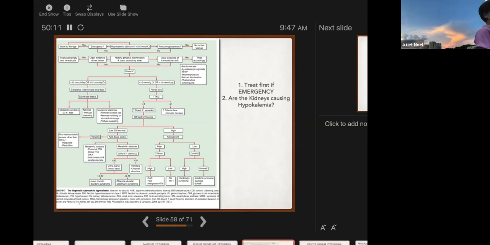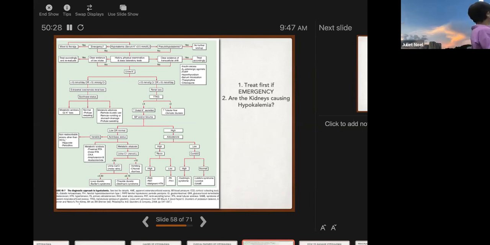The licorice, they keep on eating the licorice, it can cause hypokalemia.